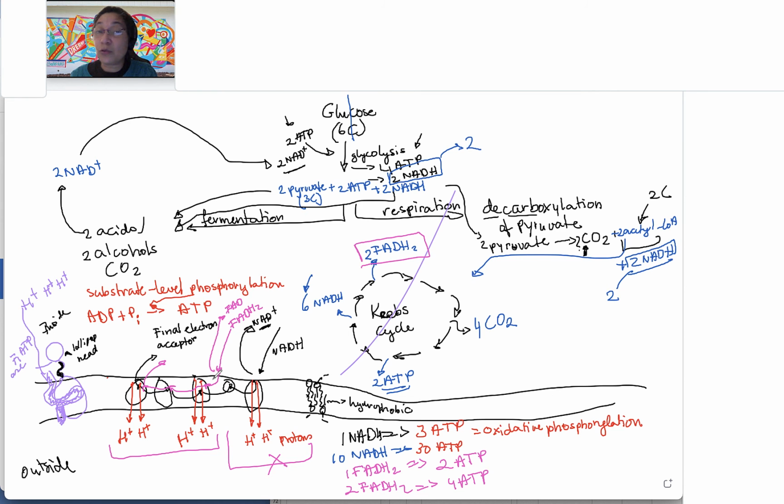And so then you don't get as much ATP out of this. So how much ATP you ultimately get out of this depends on which final electron acceptor you use, and therefore where the electrons end up in the final step.